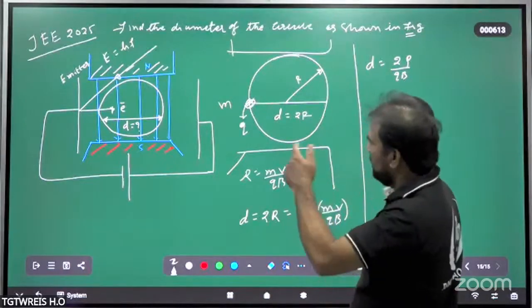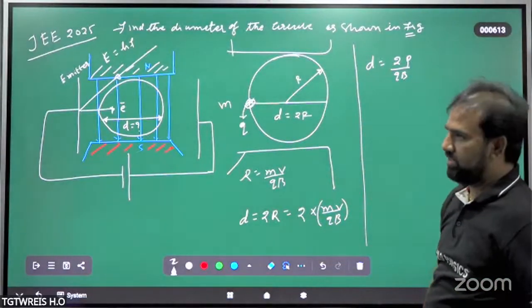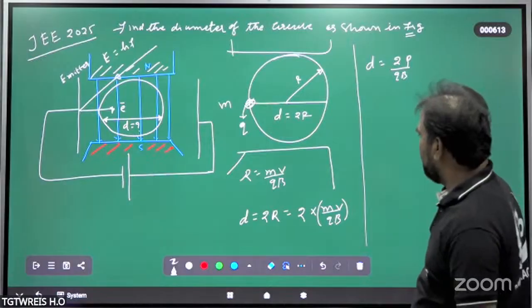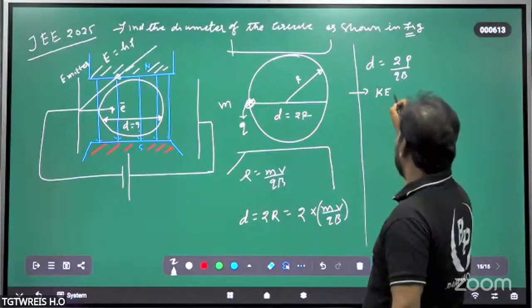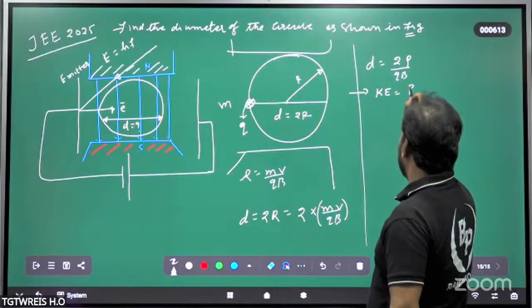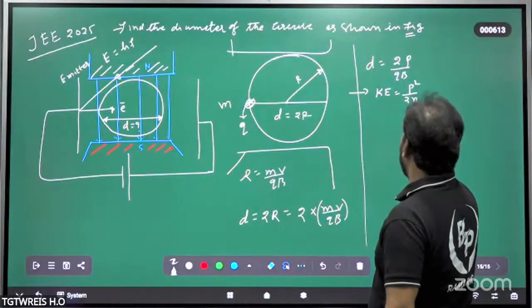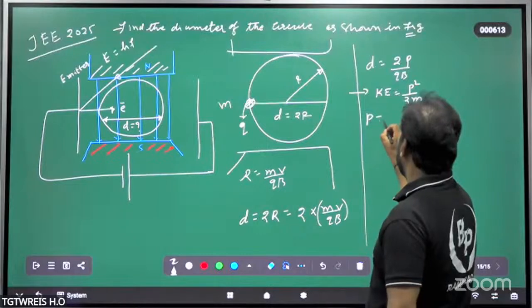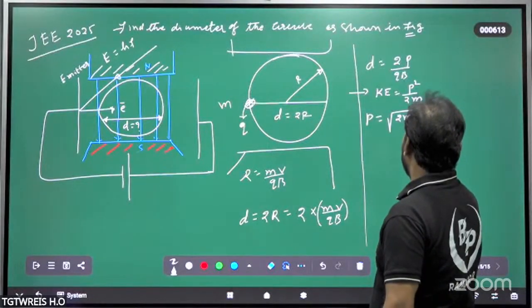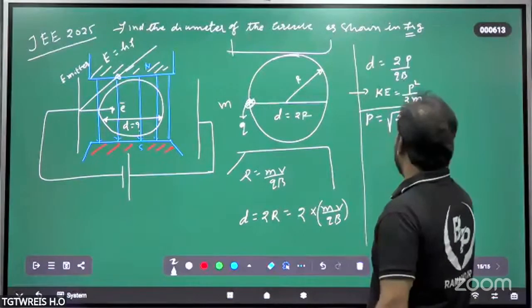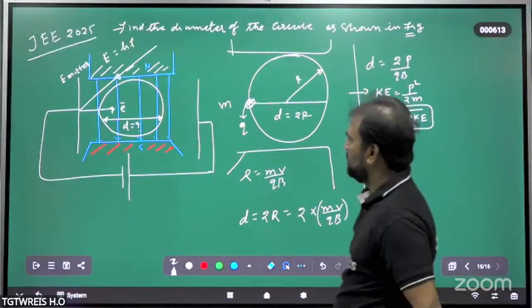P means the momentum of the electron. The kinetic energy K is equal to P square by 2m. From this, P is equal to root over 2m into KE. This much momentum it can possess.